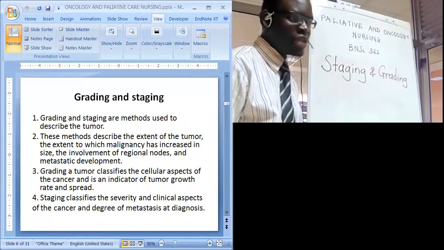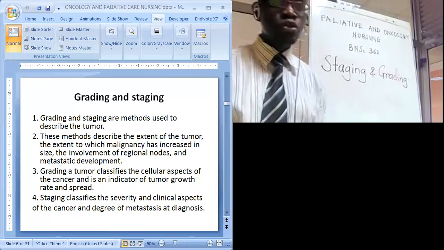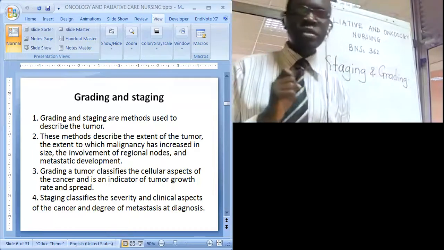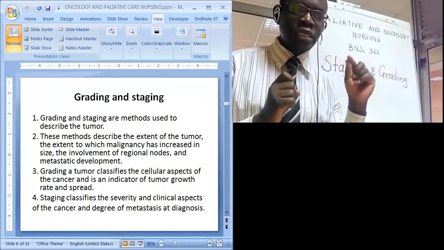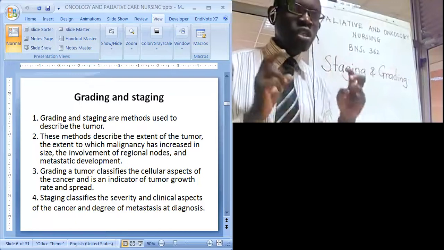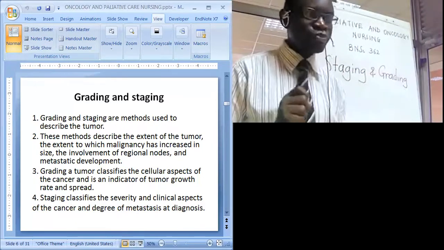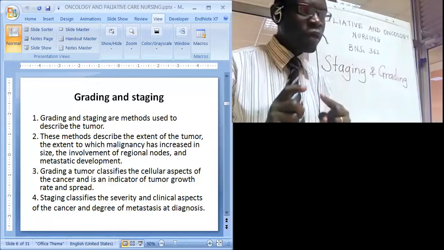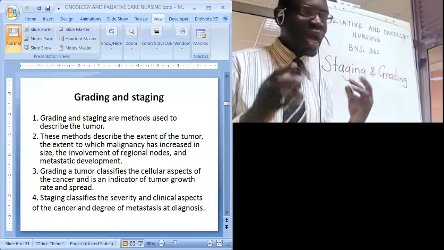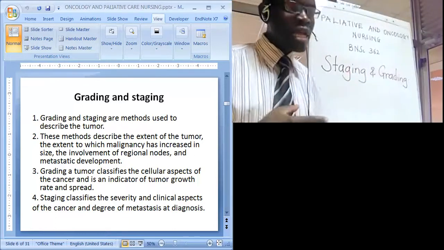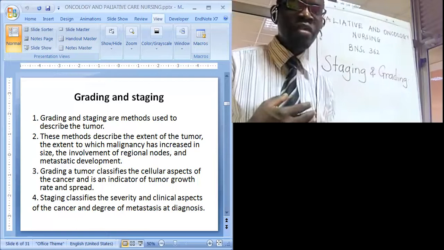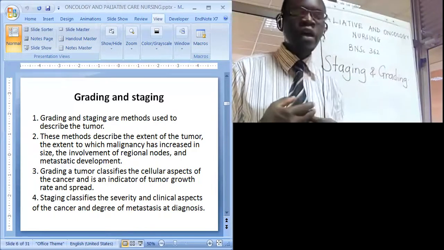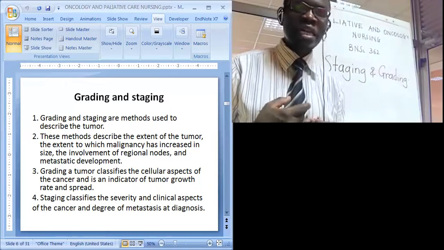So we are saying that staging and grading are methods that are basically used to describe a tumor, and specifically solid tumors. These methods describe the extent of the tumor, the extent to which a malignancy has increased in size, whether there are regional lymph nodes involved, and whether there is metastatic development.